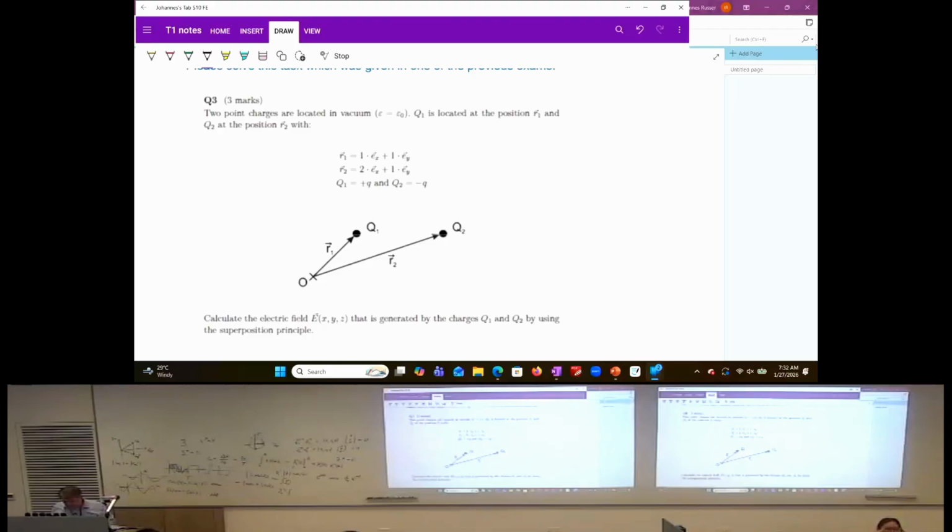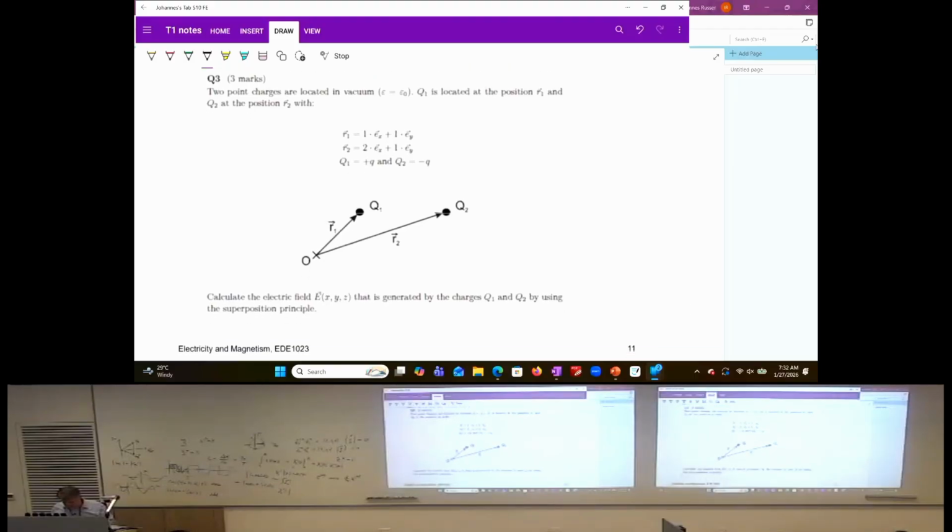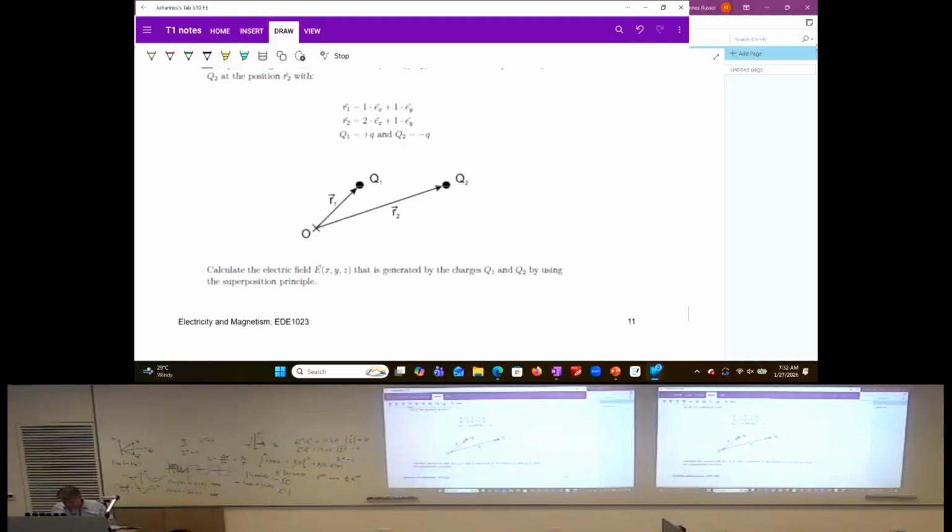The charge Q1 is set to be plus q, small q, that may be, for example, the elementary charge. And Q2 is set to the opposite type of charge, but the same magnitude. And now the question is: calculate the electric field that is generated by the charges Q1 and Q2 by using the superposition principle.